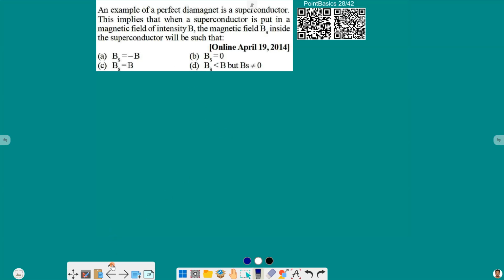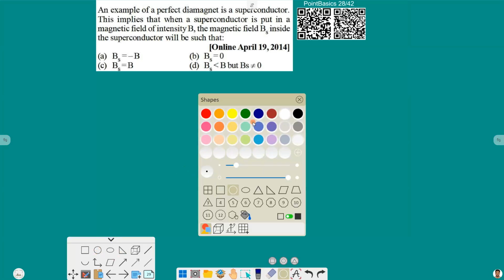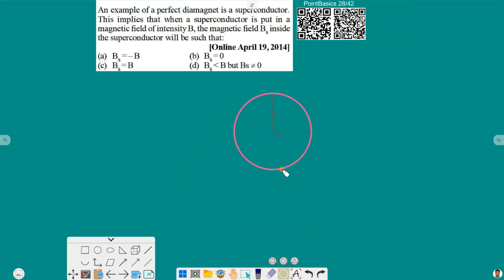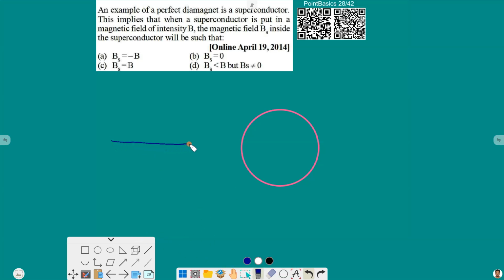So if we have a superconductor, something like this, and there are some magnetic field lines trying to cross it, then they will be repelled along its surface, and inside the magnetic field will be zero. So we can say option B will be the right answer here.